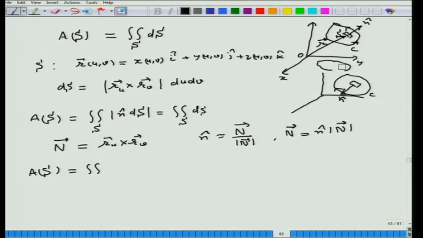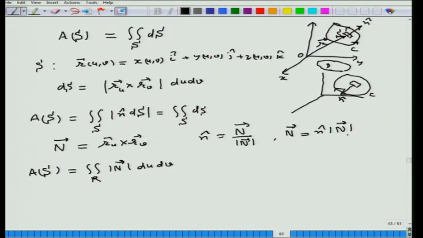So, we will take a particular case where this D is the projection of the surface on the xy plane, and if we take the projection on the uv plane, that we will denote by R. So, this will be nothing but the absolute value of capital N du dv, because the absolute value of n cap is 1.